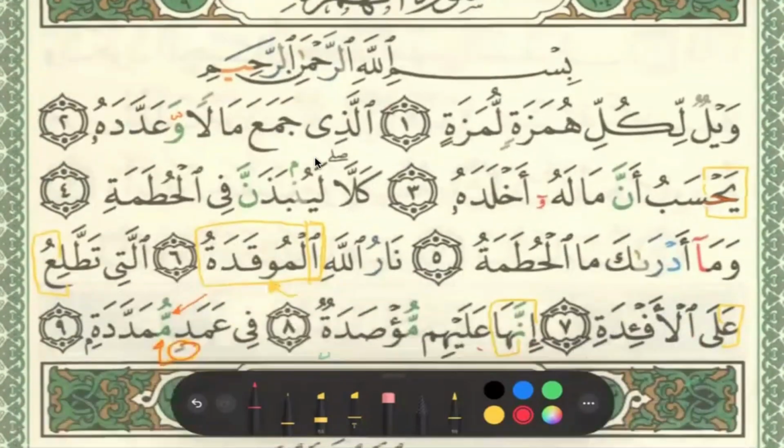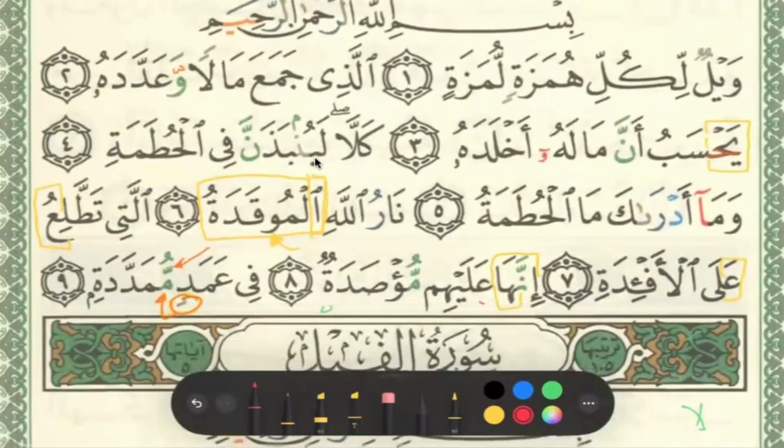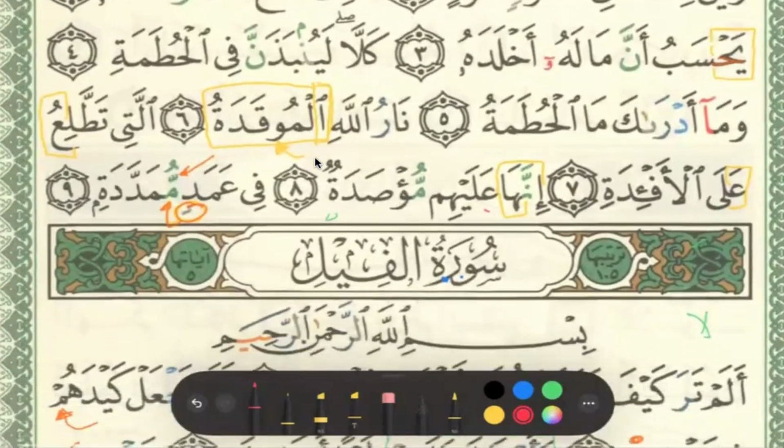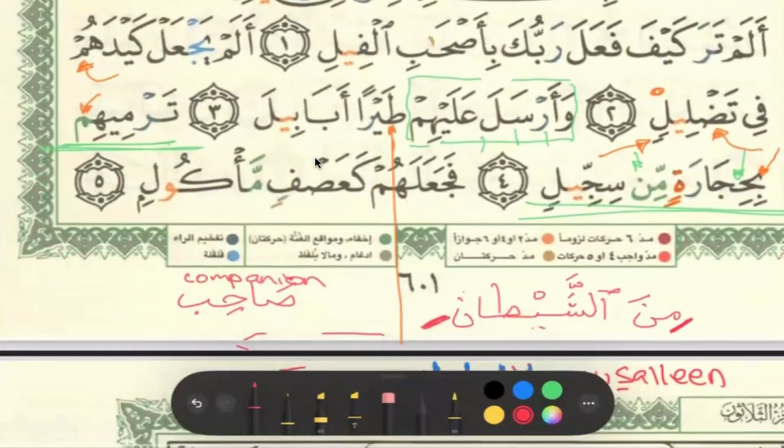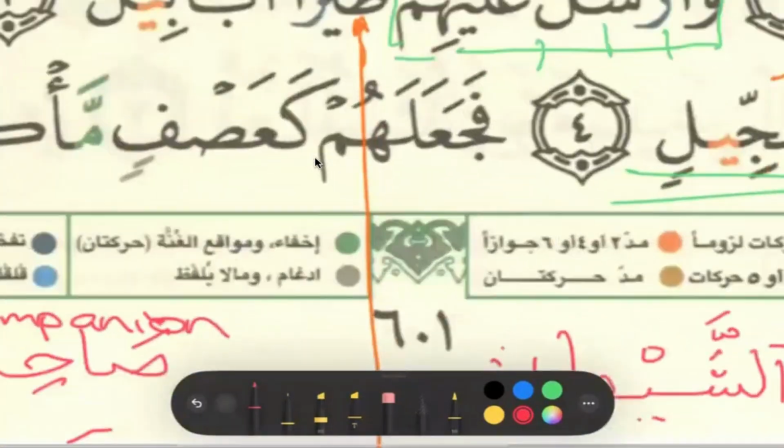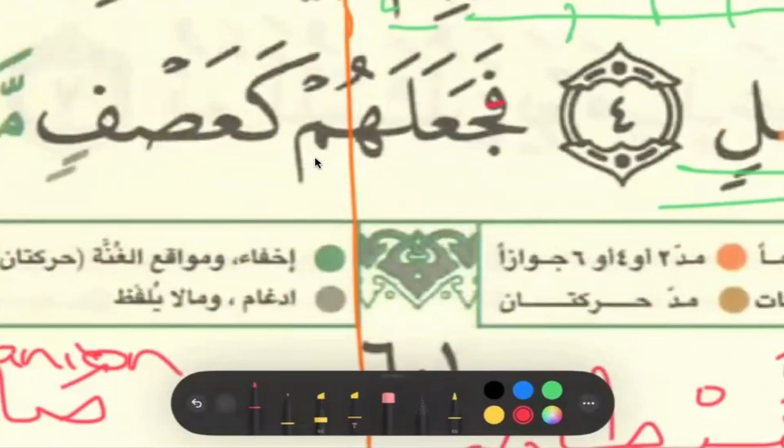Still looking for a fat at the end of a word. Here's a fat that's stacked. Fat stacked on top of the gene. فَجَعَلَهُمْ.